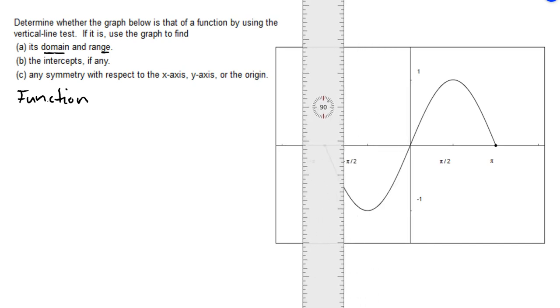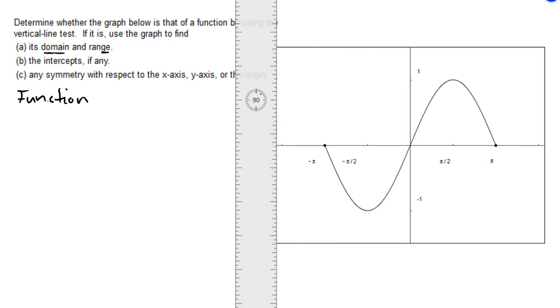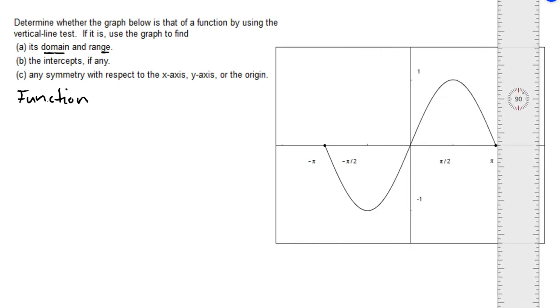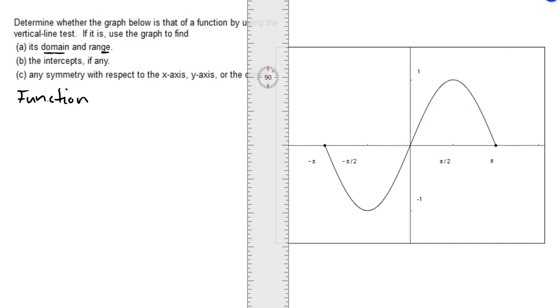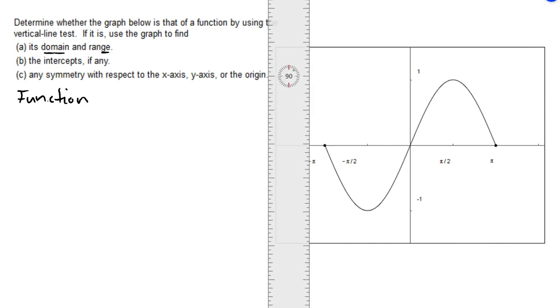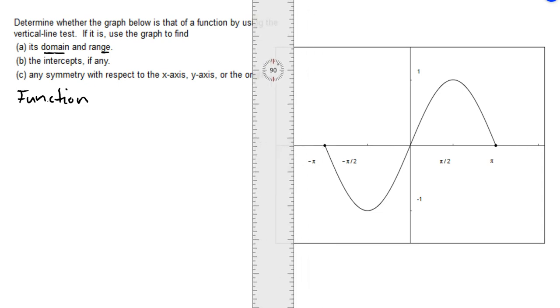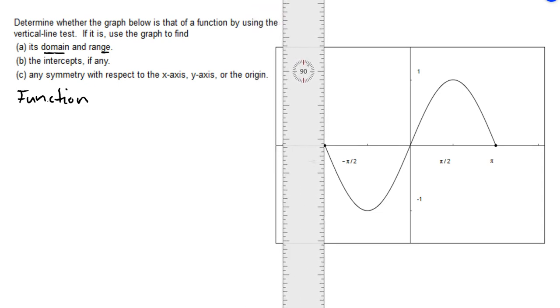I'm holding this ruler vertically because it's going across the x-axis and the domain are the x values. As I go from left to right, I'm looking to see when's the first time my ruler hits the graph, and that's starting at negative pi. So my domain starts at negative pi. And that point is included in the graph.